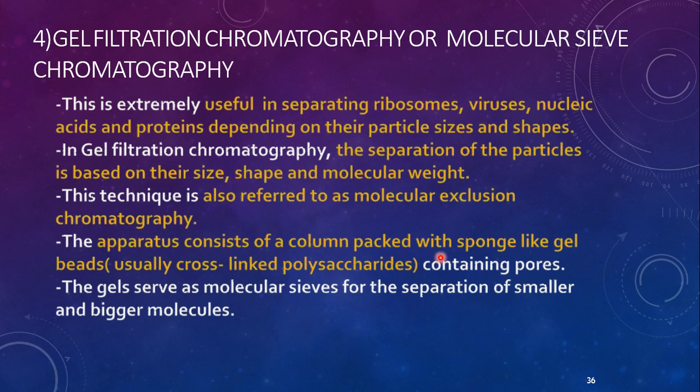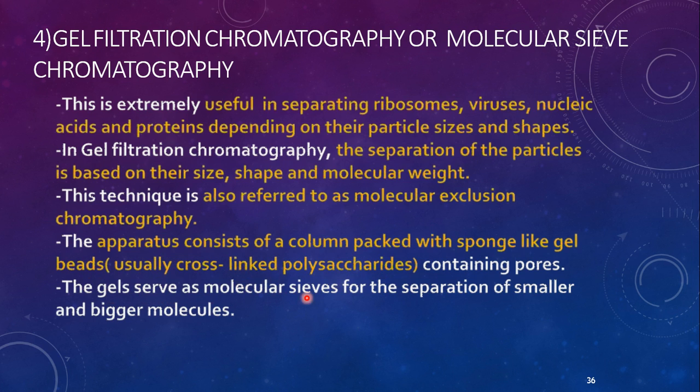The apparatus consists of a column packed with sponge-like gel beads. So this is the apparatus. Here again a column is used. In this column, the sponge-like gel beads could be made of cross-linked polysaccharides, which contain pores on them. These gel beads contain very small pores in them.